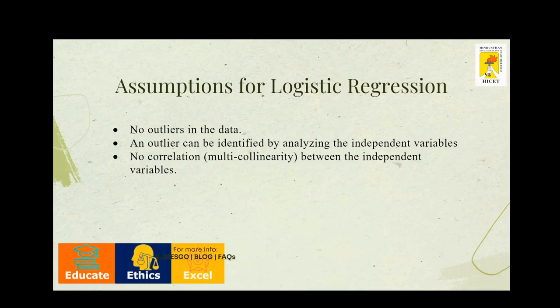What are the basic assumptions for logistic regression? The data to which logistic regression is applied should never contain an outlier. What does an outlier mean? Let me give you a simple example. Let's take that a student can get a maximum mark of 100 in a class.